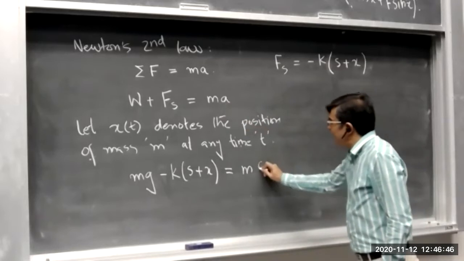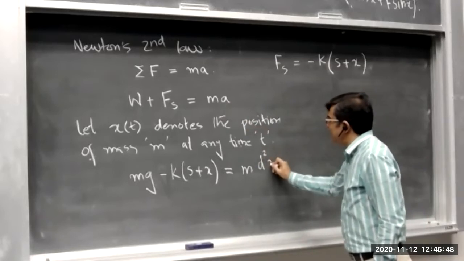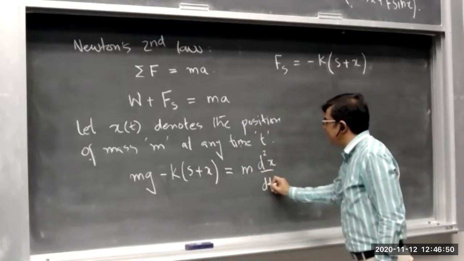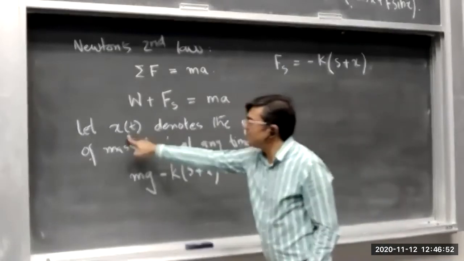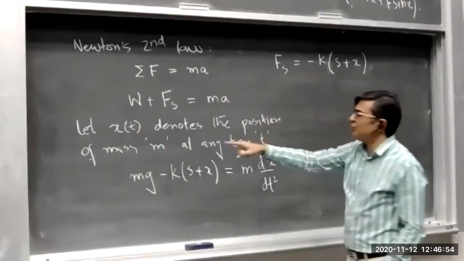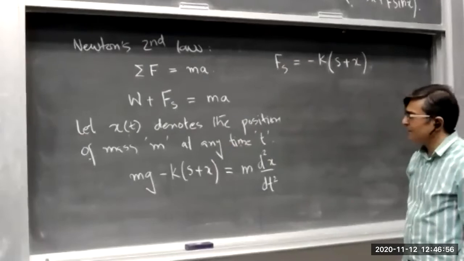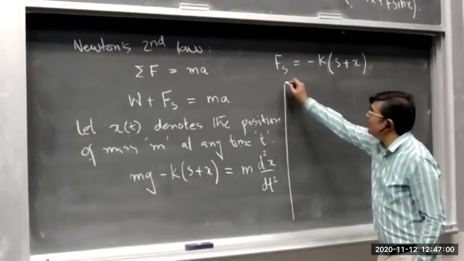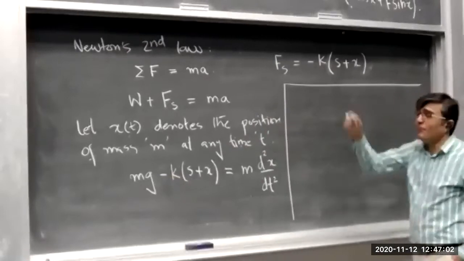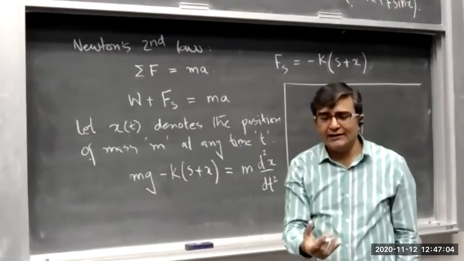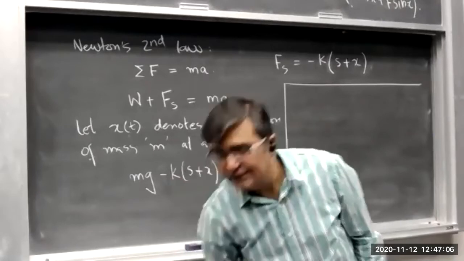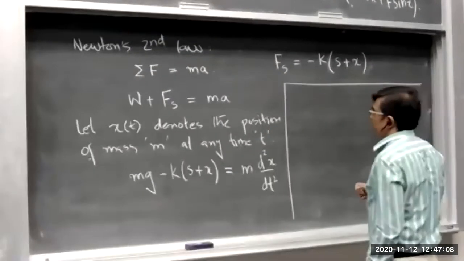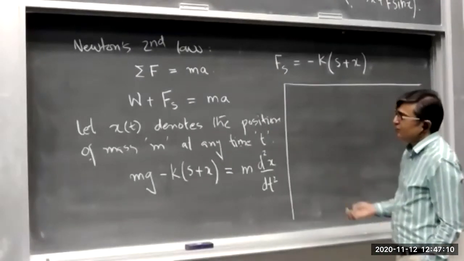We can write the acceleration as d squared x by dt squared, because x denotes the position of the mass m at any time t. Now we can assume that when we pulled the mass, it started moving from the equilibrium or rest position.